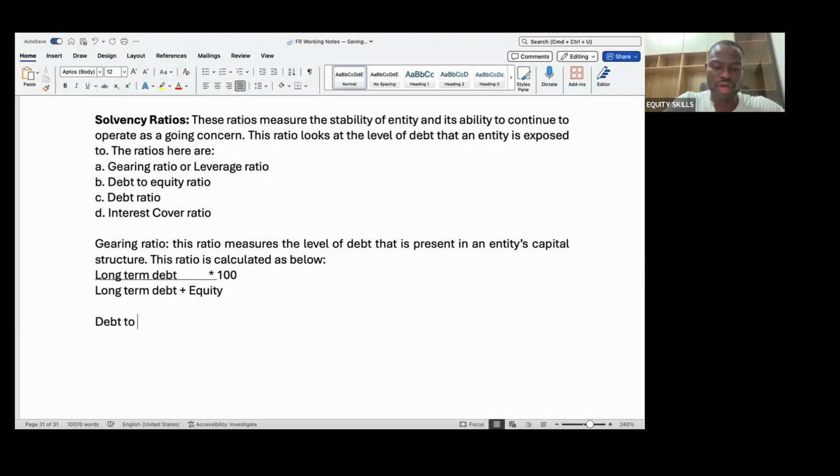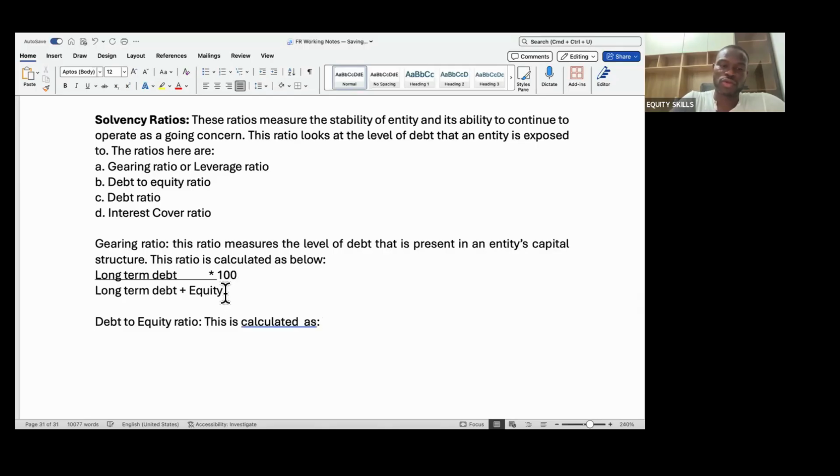Then the debt to equity ratio, as the name implies, is debt to equity. There's nothing too much to say on this really, because it measures the same thing as gearing. It looks at the level of financial risk you are faced with by putting debt and equity side by side.